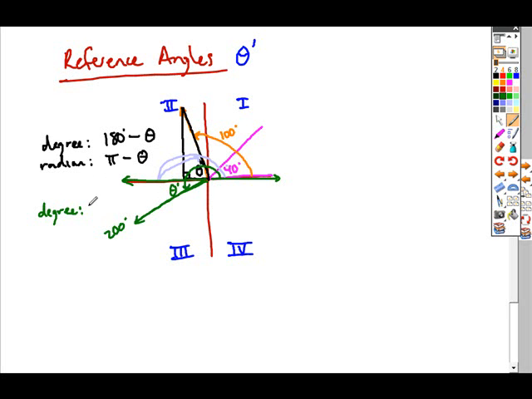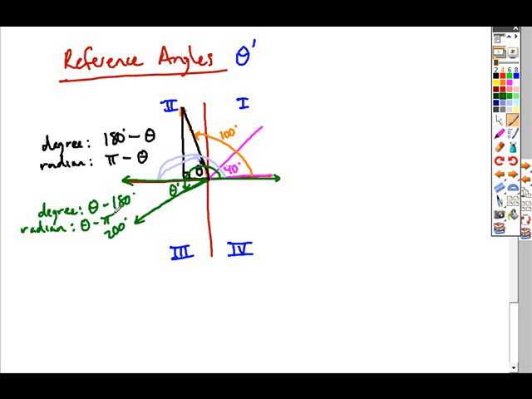So if we take 200, our theta measure, what are we subtracting from it to be left with just this reference angle? 180. So if we subtract 180 from our original angle, we get our reference angle in quadrant 3. So in terms of radians, we're going to take theta and subtract pi.